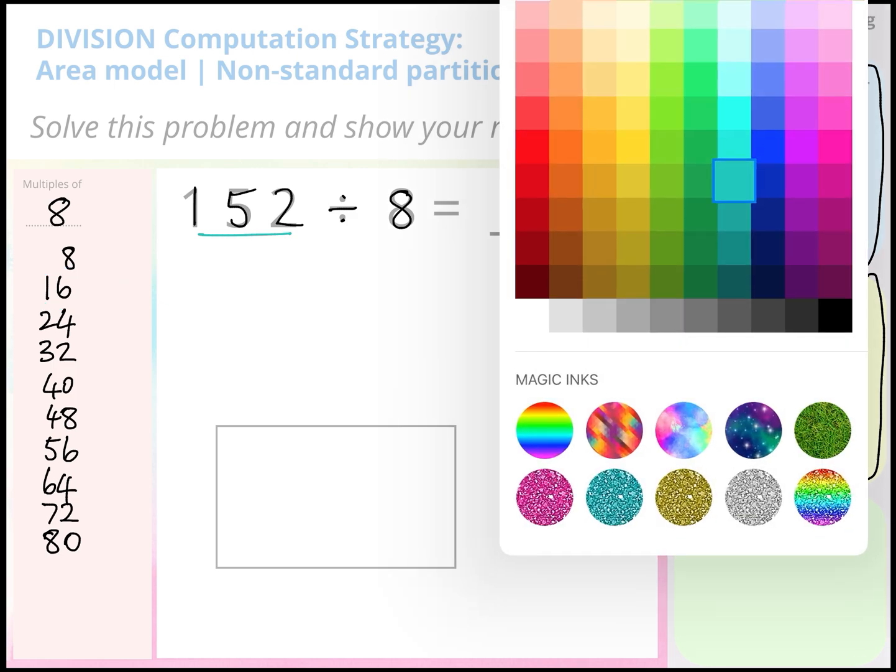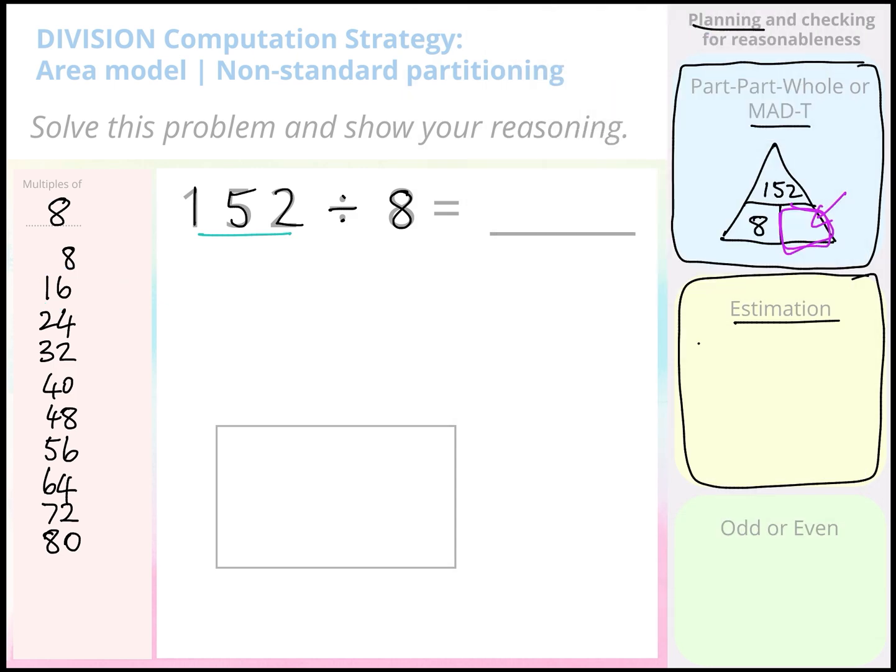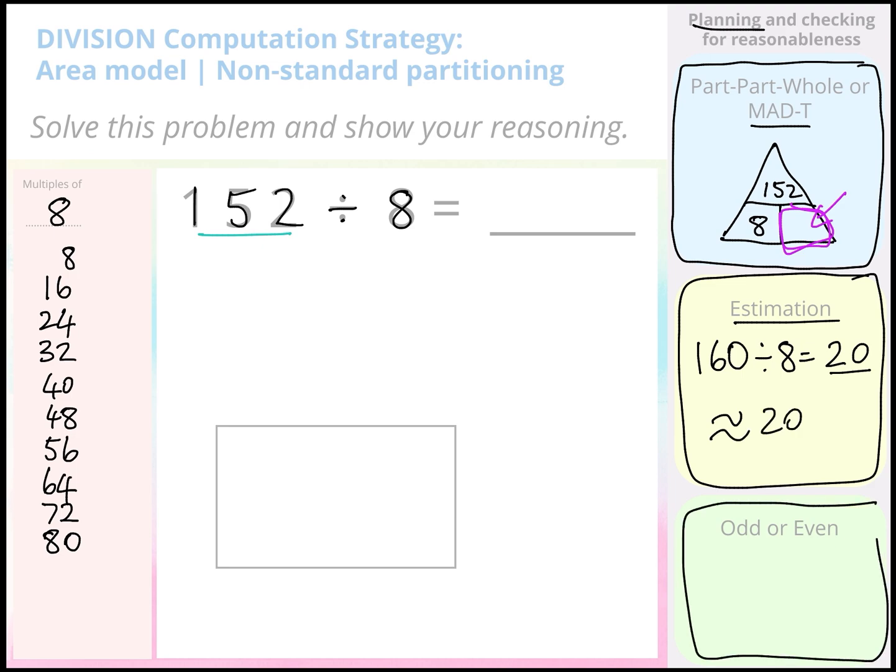I'm going to say 152 rounded up, 160 divided by 8 equals 20. So my answer is going to be around about 20. Now, is the answer odd or even? We don't do that for division, so we don't need to worry about that.